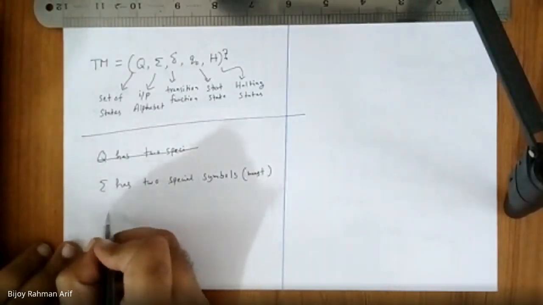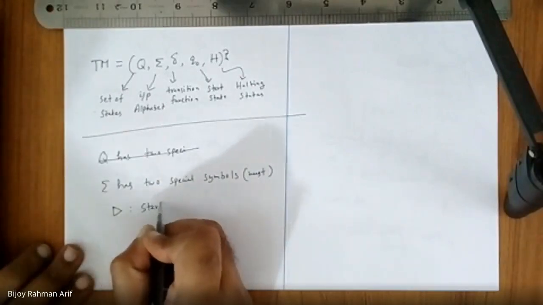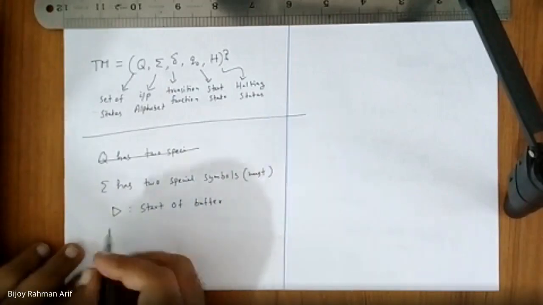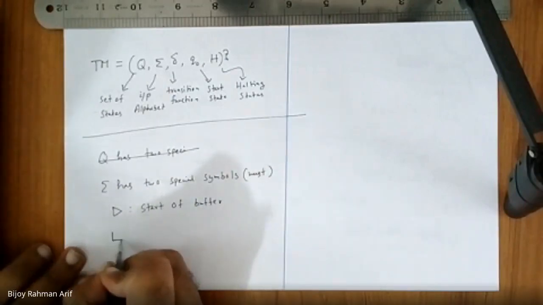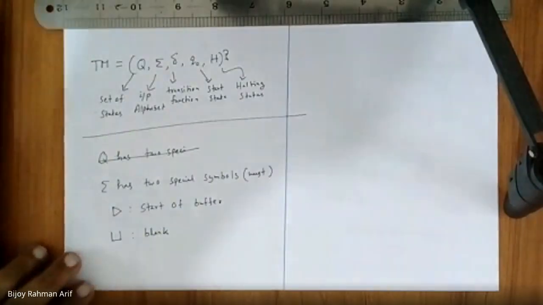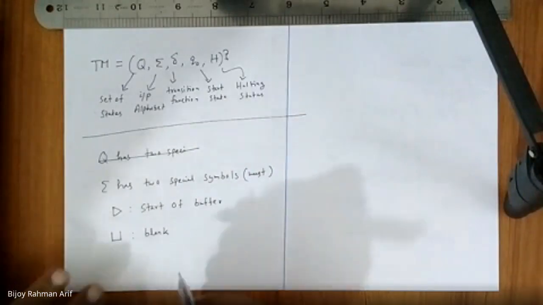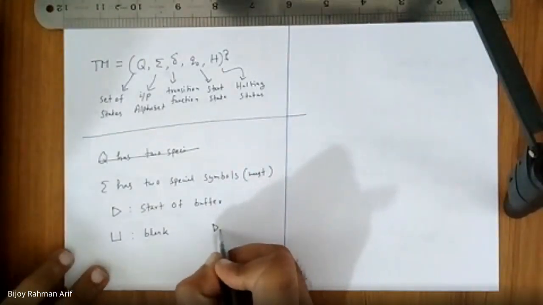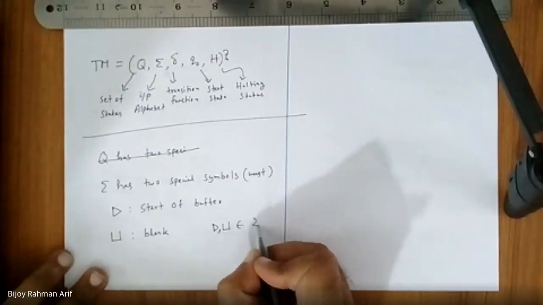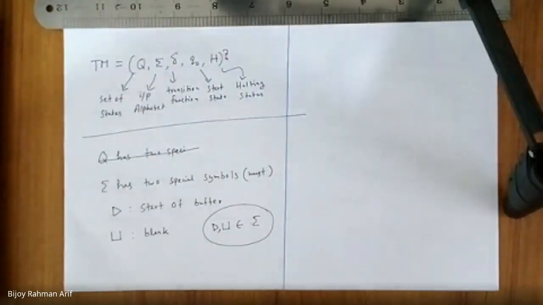What is one? This one is this triangle. It is called start-up buffer. Second one is blank. These two symbols must be inside sigma. So triangle and blank must belong to sigma. It is a must.